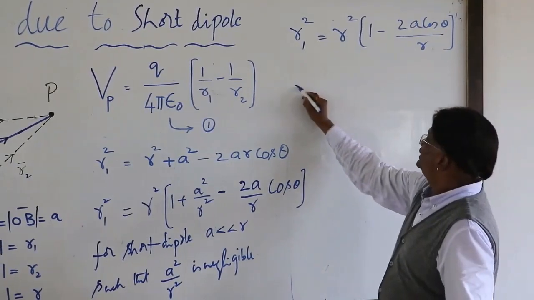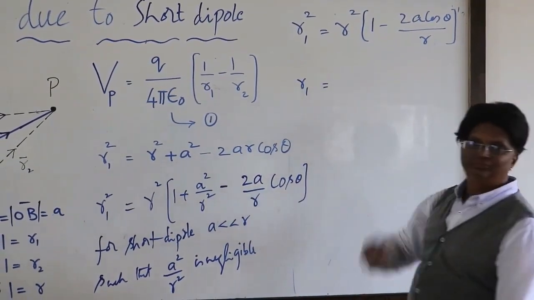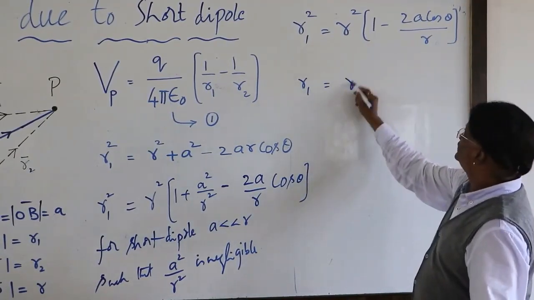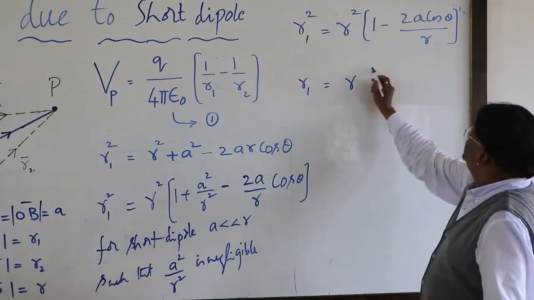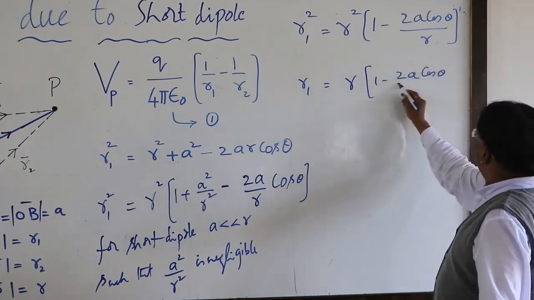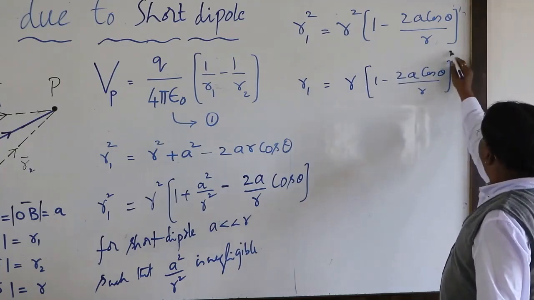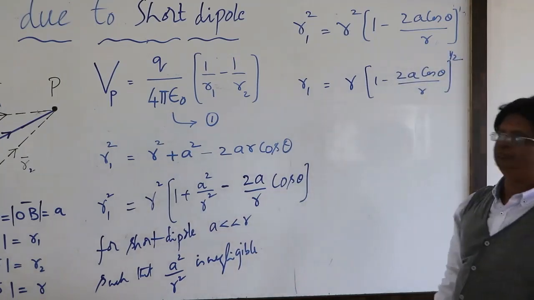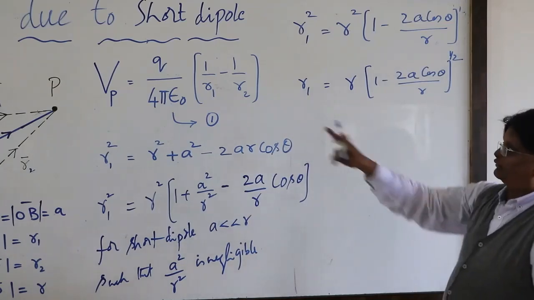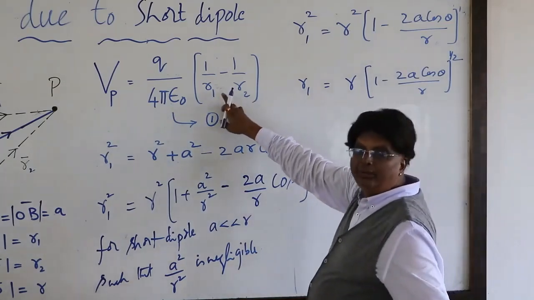Now here I am writing it as R1 is equal to R, because R square becomes R. And here you get 1 minus 2a cos theta by R, now to the power half. Now I want 1 by R1, since in this expression you have the 1 by R1 term.